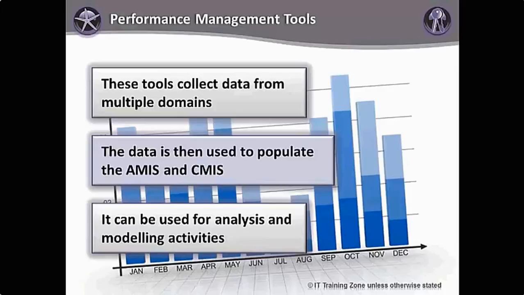The resultant data is then used to populate the availability and capacity management information systems and gives a historical, current, and future view of performance, resource, and service usage. The data can then be used for analysis and modeling activities.